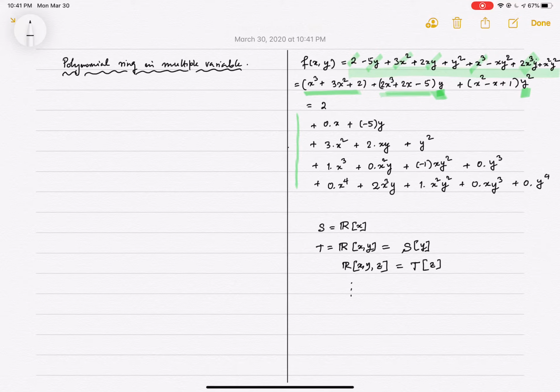Okay. So at any rate, let R be a commutative ring with 1.